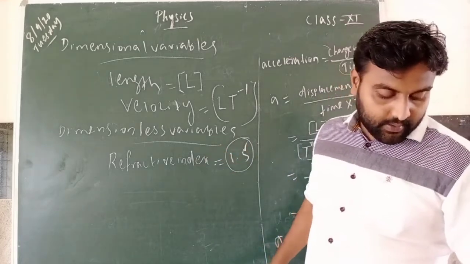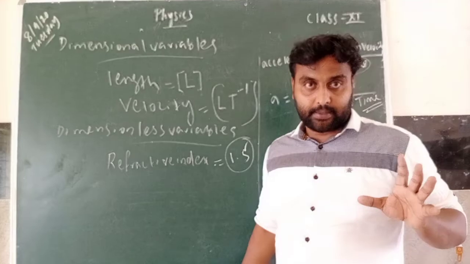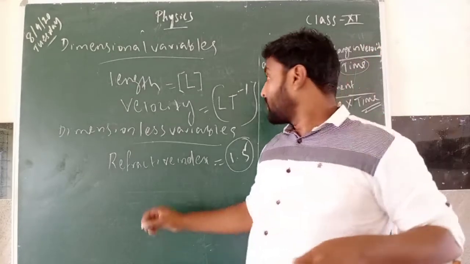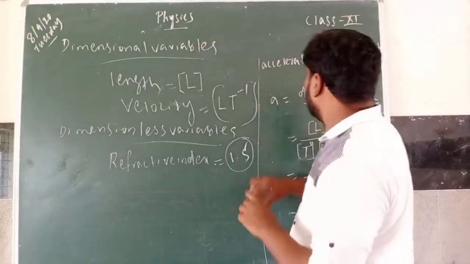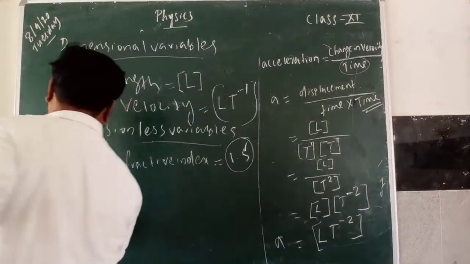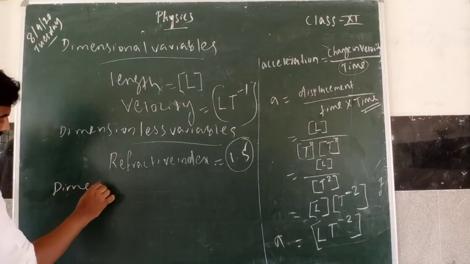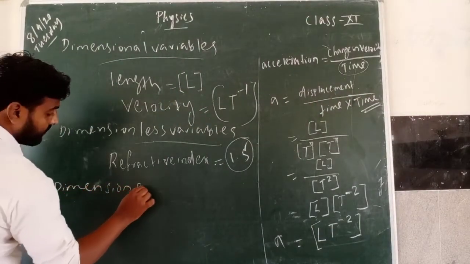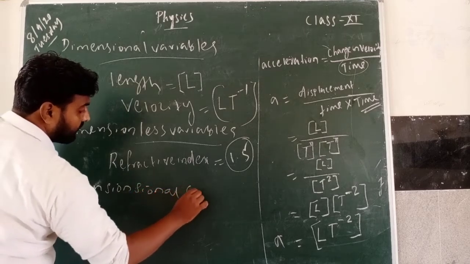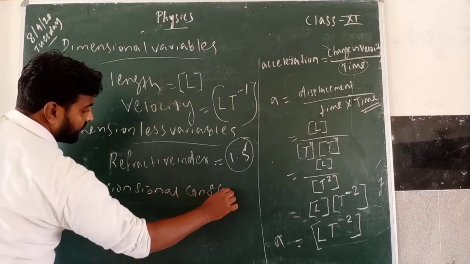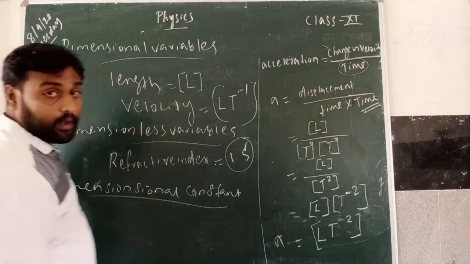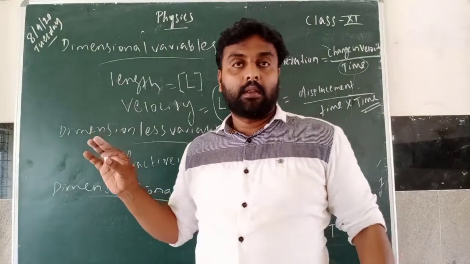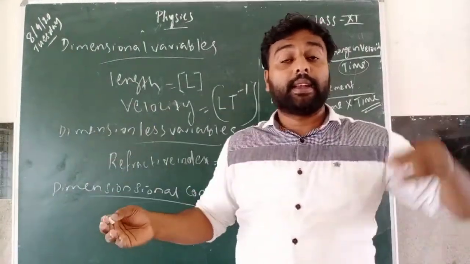Next one is dimensional constant. In that word again it is there, dimensional.